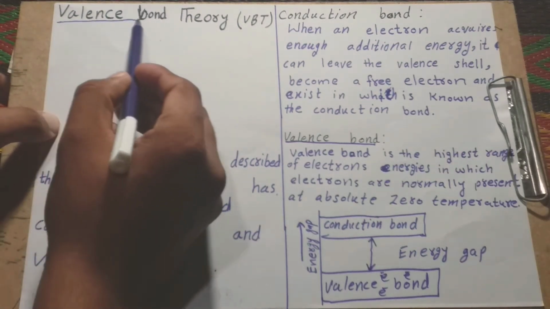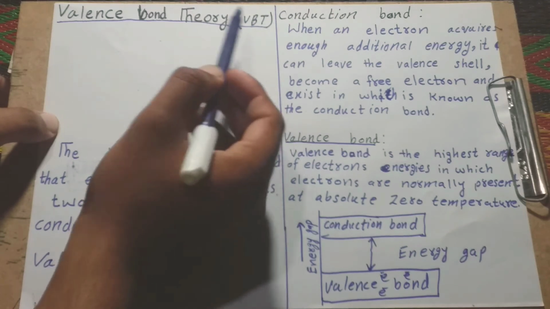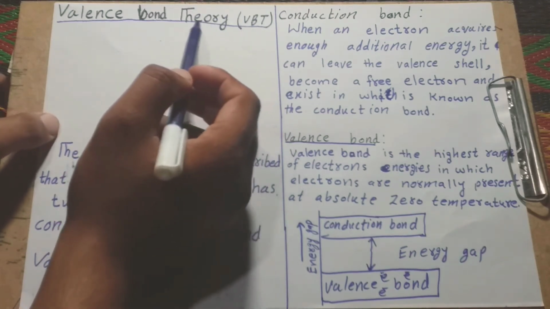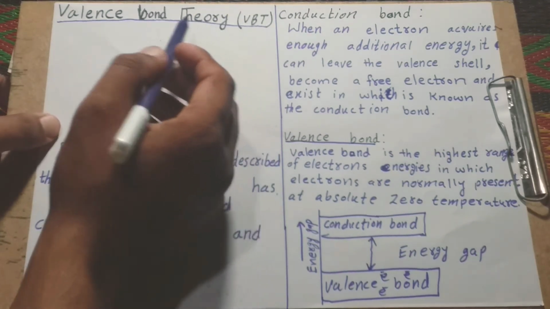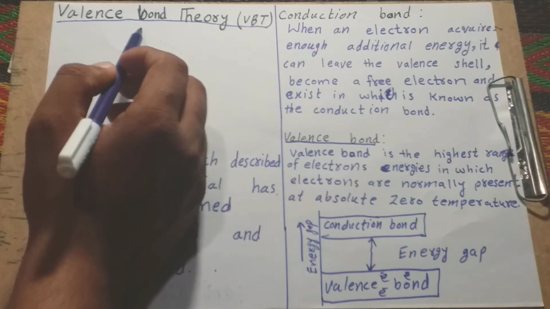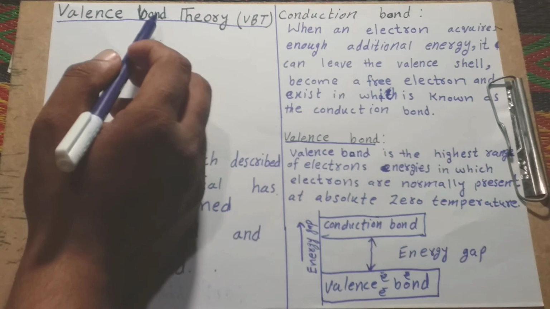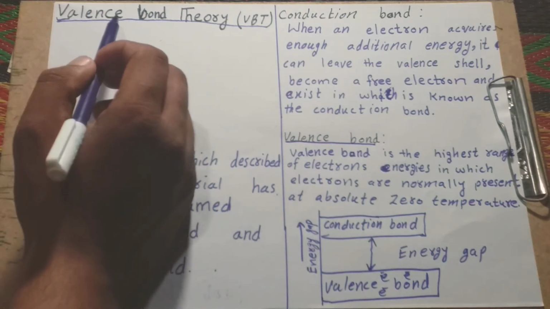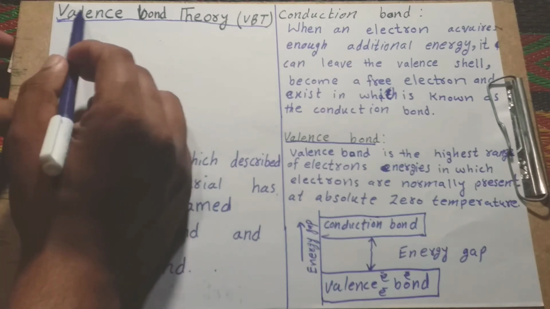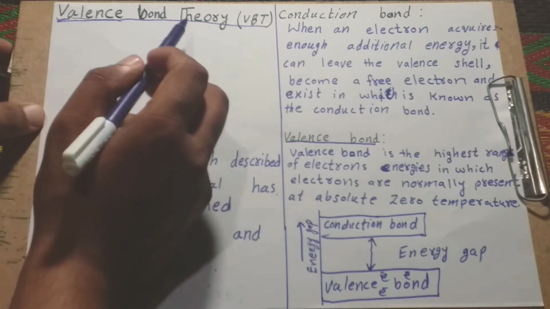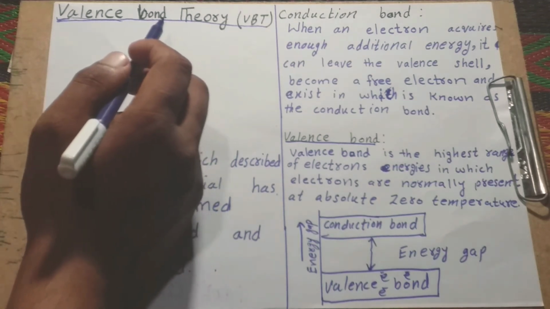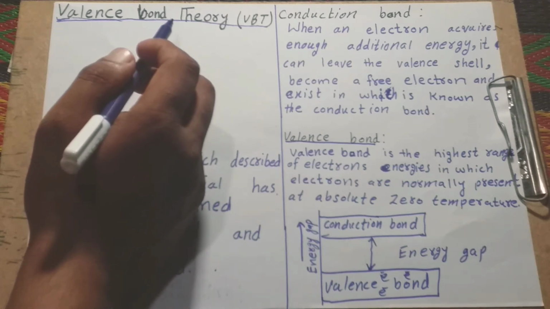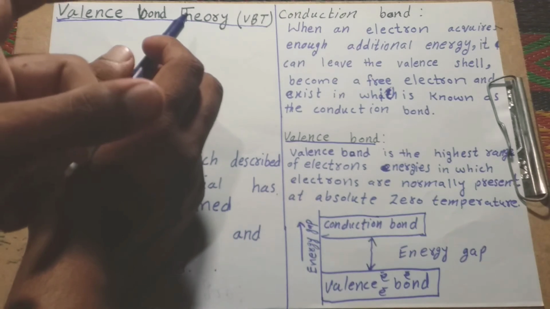Today our topic is valence bond theory, denoted by VBT. Valence bond theory is used more in inorganic chemistry, but it is also used in electronics. First we understand valence bond theory in the way of inorganic chemistry, then we define it in the way of electronics.